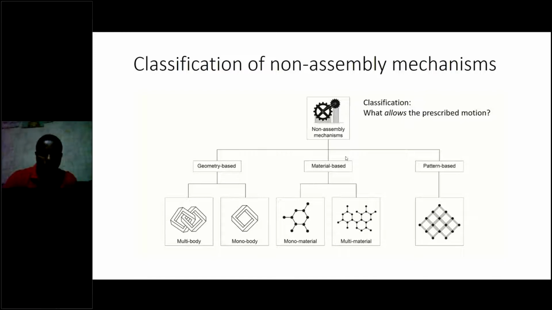And finally, for pattern-based mechanisms, the internal structure within the mechanism in the form of a pattern will cause it to have motion. I've also defined a number of subgroups, and I will go through these by means of some examples to illustrate what I'm really talking about.